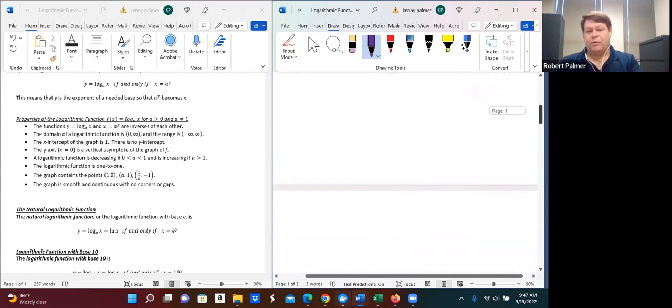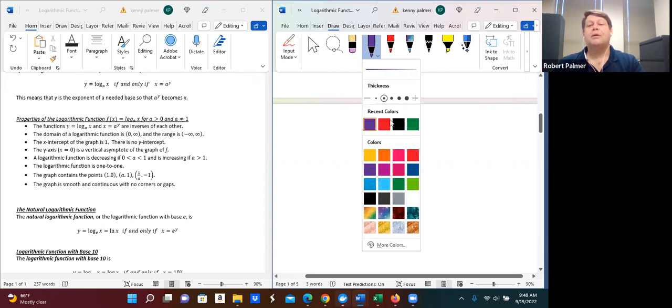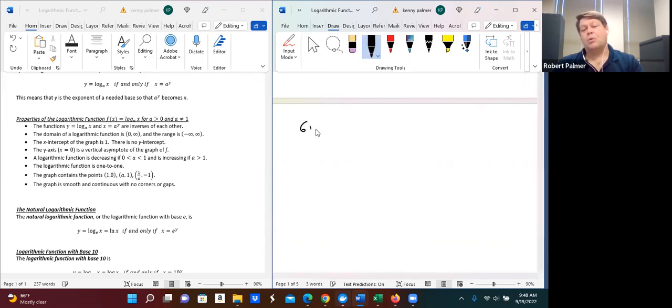Now, one more thing. Let's do another graph. This time, let's graph y equals log base 2 of x.